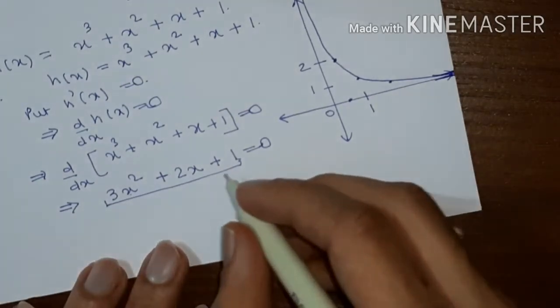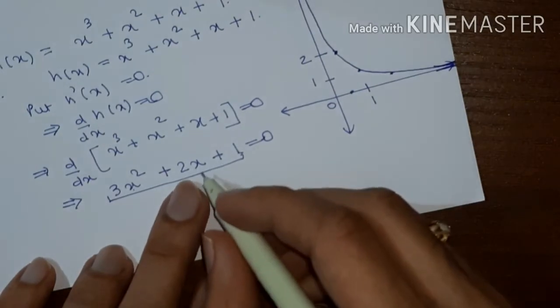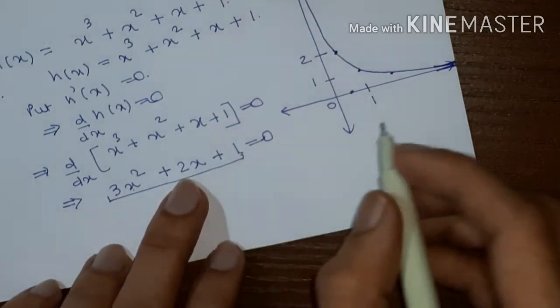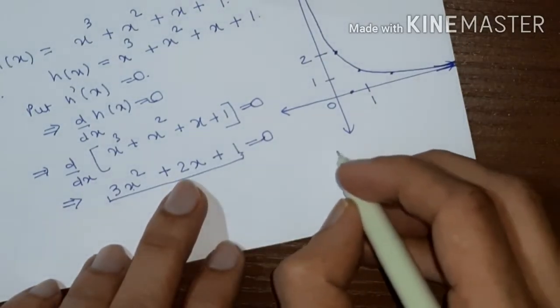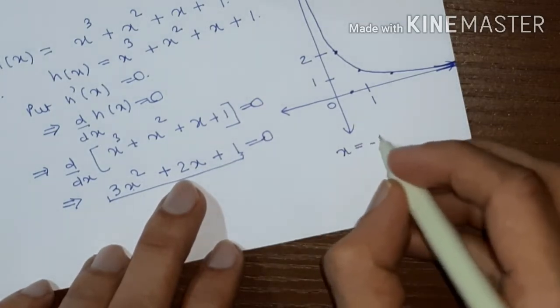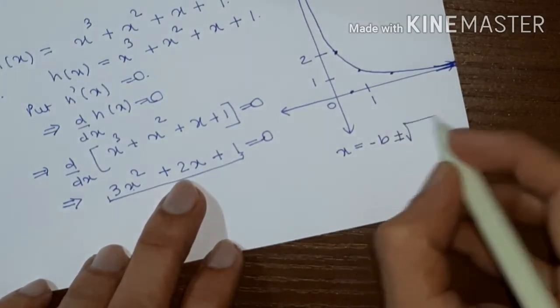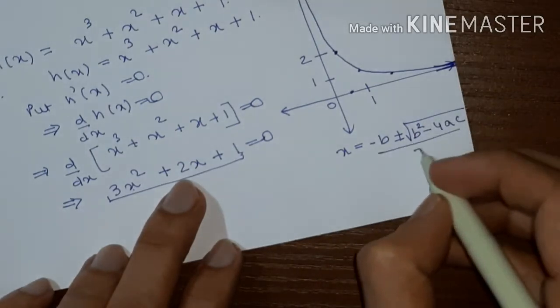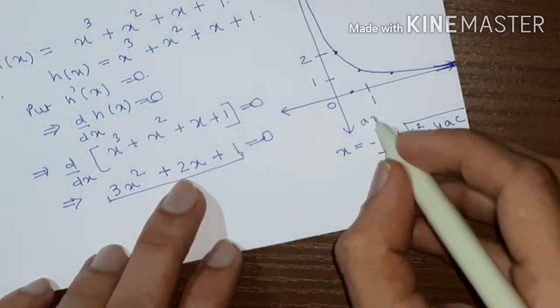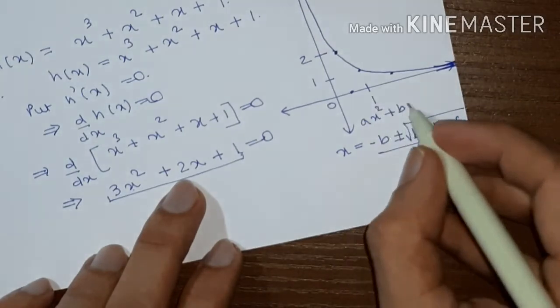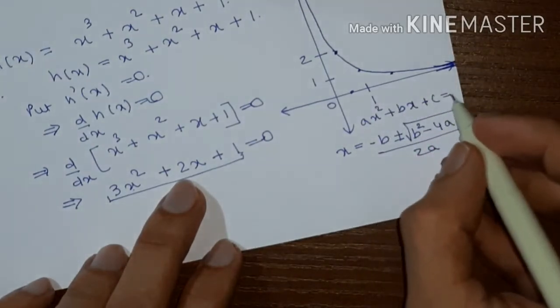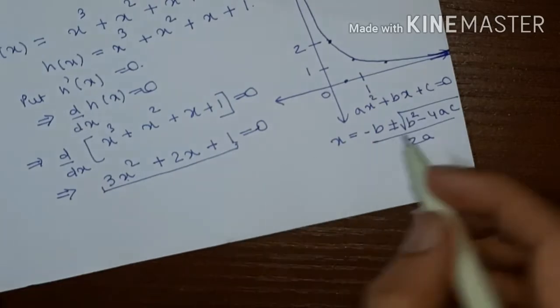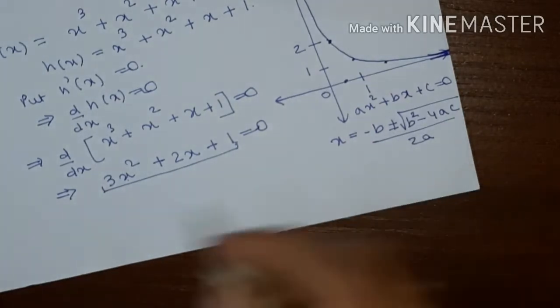Now this we cannot just do by splitting the middle term. So you have to use this formula: x equal to minus b plus or minus root of b square minus 4ac divided by 2a, if ax square plus bx plus c is equal to 0.